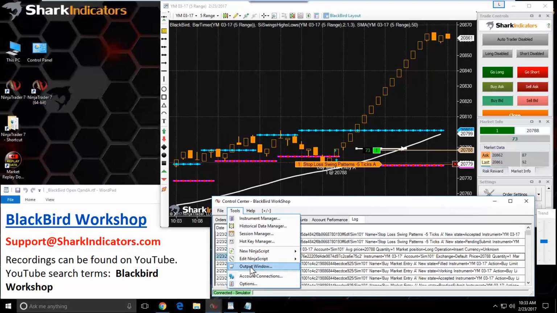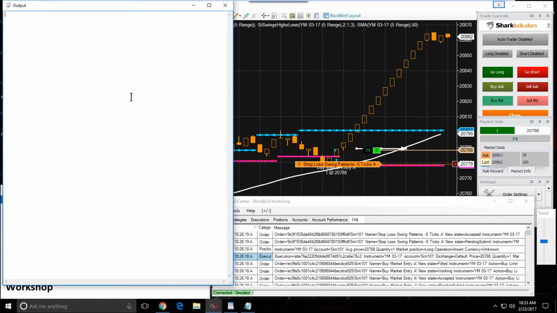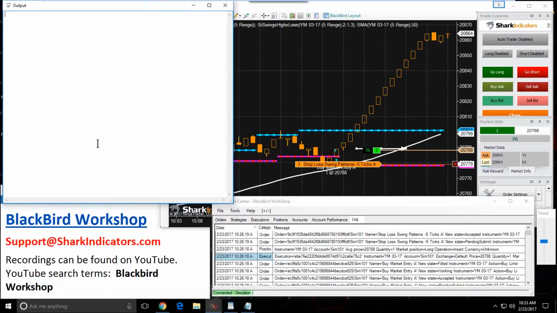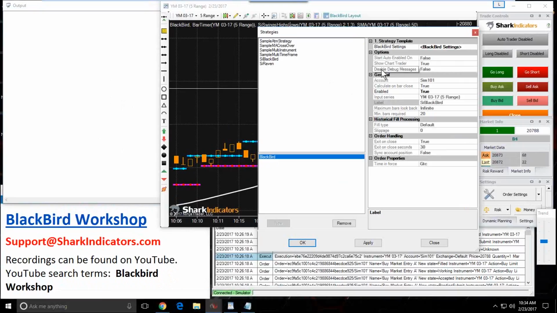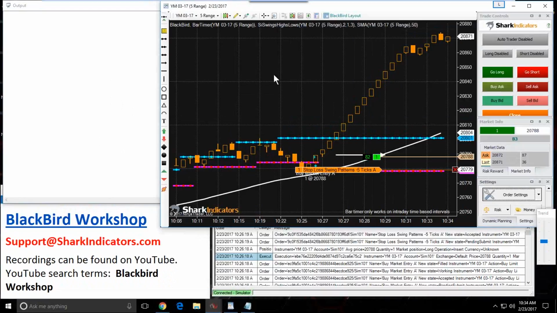Another thing we can do is pull out the output window. Take a look at the output window. Let's see, disable debug messages, that's on false, that's good, so we should get output messages.